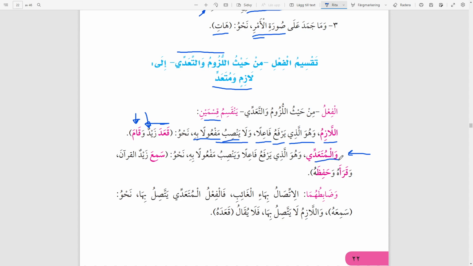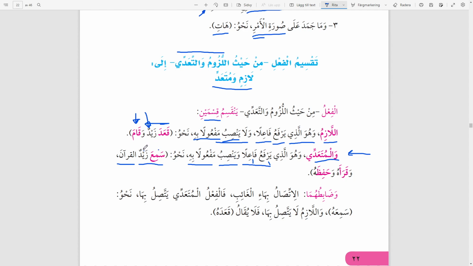Wal muta'addi, the effective verb that has an effect. وهو الذي يرفع فاعلا, same. So it makes the actor marfu', this is the actor al-fa'il, and it takes the object and makes it mansub, ينصب مفعولا به, like سمع زيد القرآن.